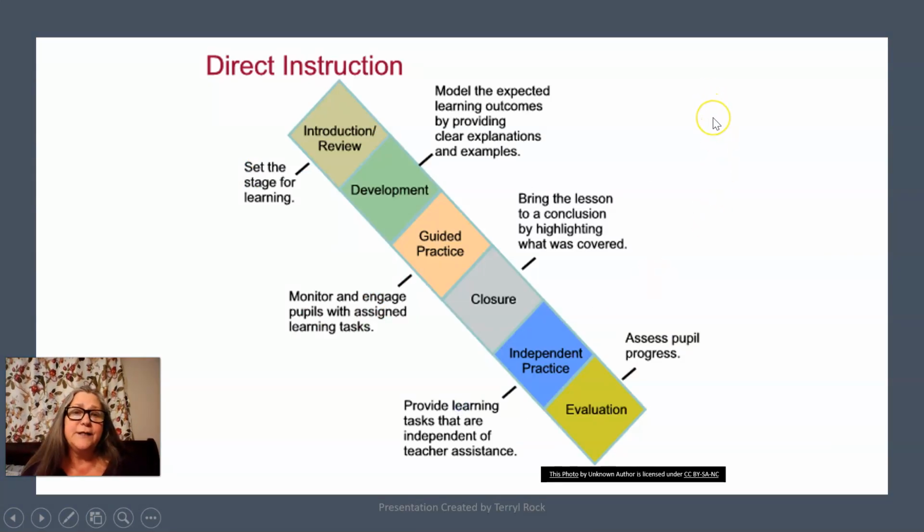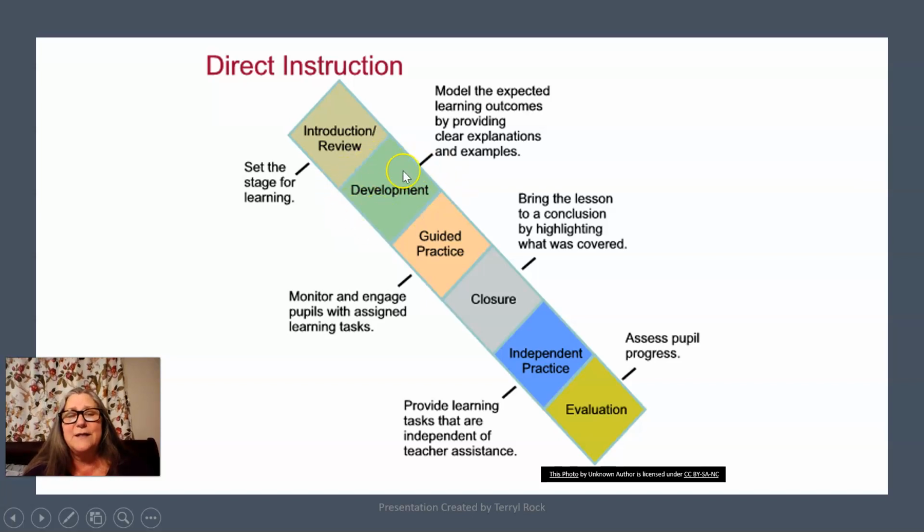This is the direct instruction model. So first of all, the instructor would set the stage for learning with an introduction or your opener. Then there will be some modeling of the learning outcomes with some explanation and examples. And so this is what they call development.